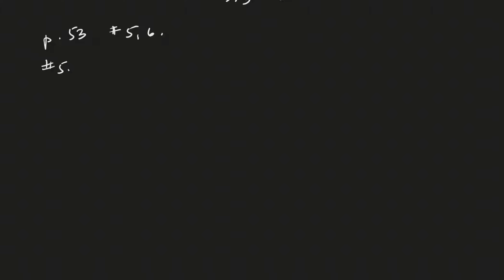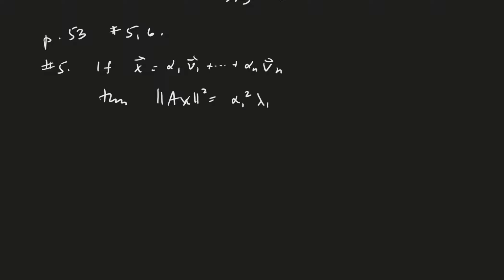Number 5 says that if the vector x is a linear combination of v1 through vn, then the magnitude of Ax squared will be alpha 1 squared lambda 1 plus alpha n squared lambda n. And so of course the v's are coming from the eigenvectors, or they're from the SVD, or you could think of them as being the eigenvectors of A transpose A, right?